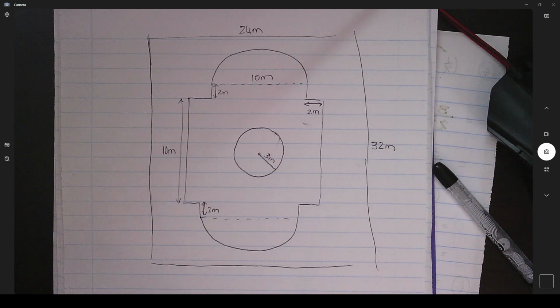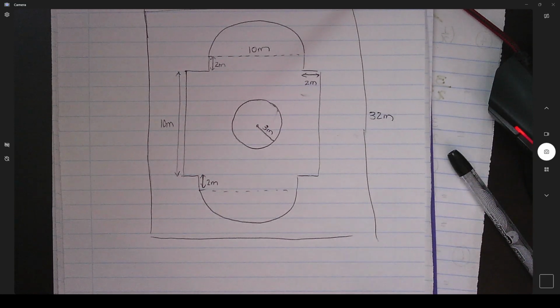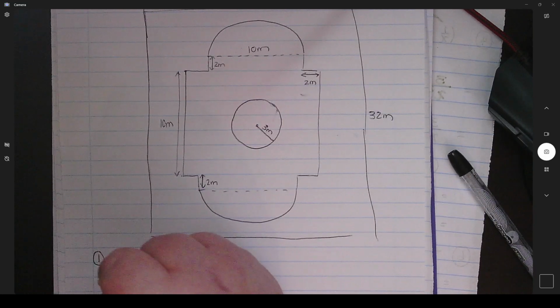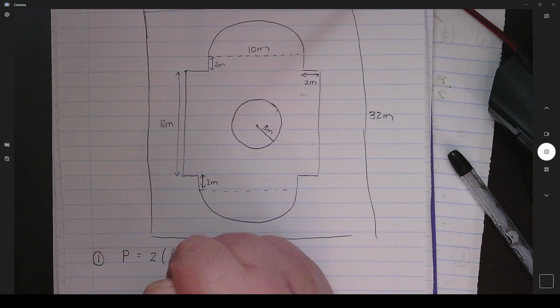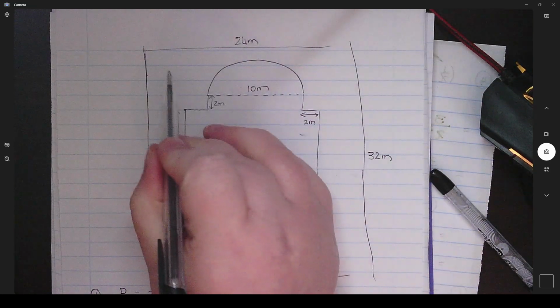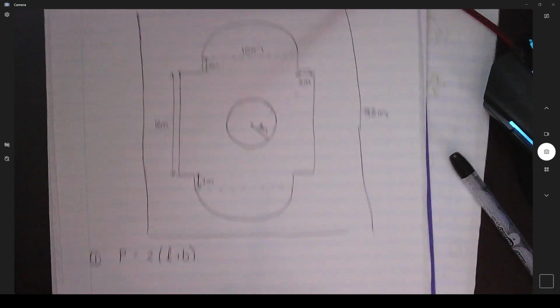So the first question says, a protective fence must be erected around the pond. Determine the perimeter to be covered by the fence. And they tell you to use the formula perimeter is 2 times length plus breadth. Right, so the length and breadth are respectively 24 and 32 meters.